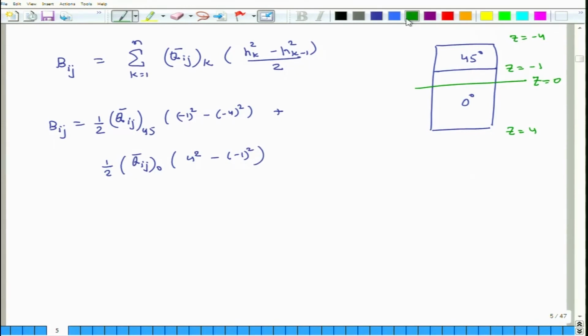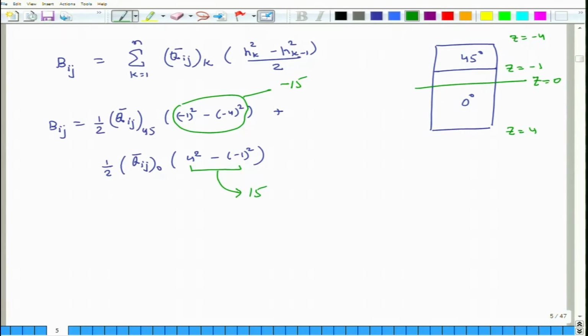So, this becomes 1 minus 16, minus 15, and this is 15.